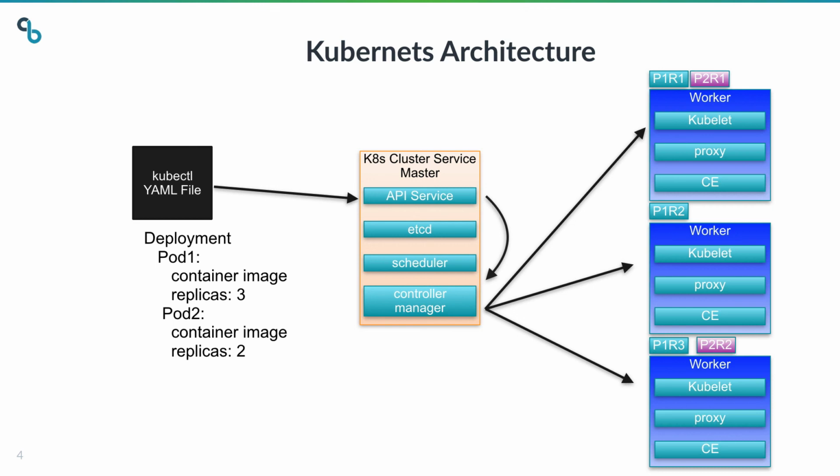So we now have a state there, but what happens if something goes wrong? Because let's face it, with computers, things go wrong. So let's imagine that worker 2 goes away. Now Kubernetes is going to say, hey, I do not match the state that I'm supposed to, so it's going to create a new pod and replica for us.